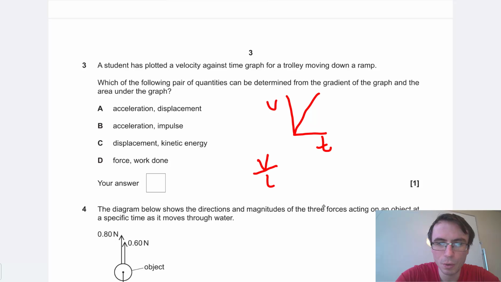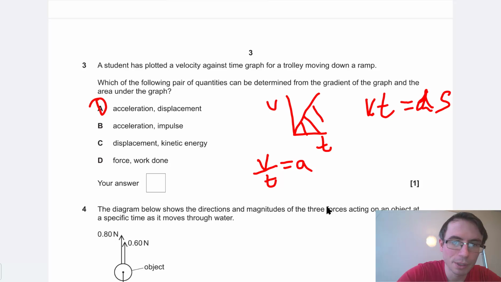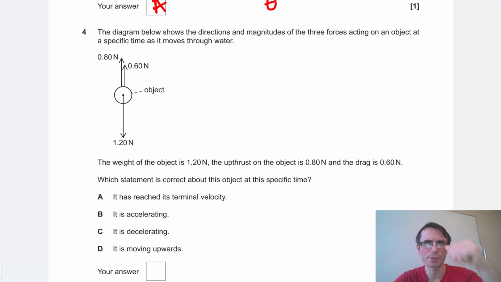So V over T, that's just my acceleration, and the area V times T, well, that's just equal to the displacement. I know it's actually the integral, but basically this times that gives me units of displacement. So acceleration, displacement, there we go. Correct answer is A.